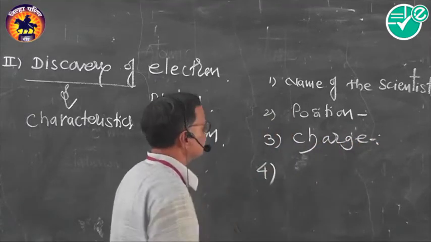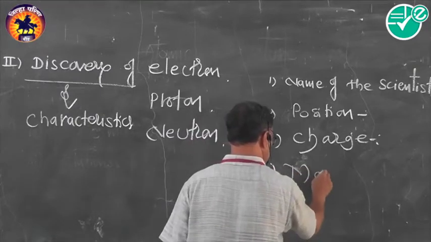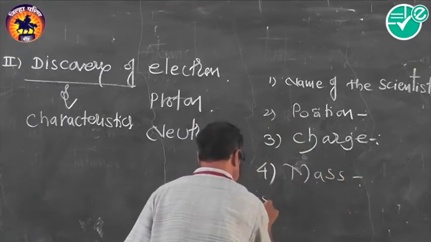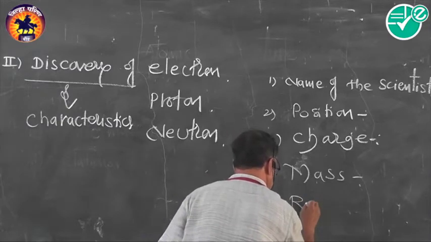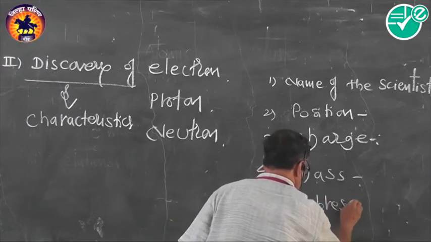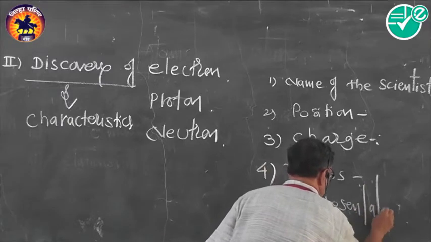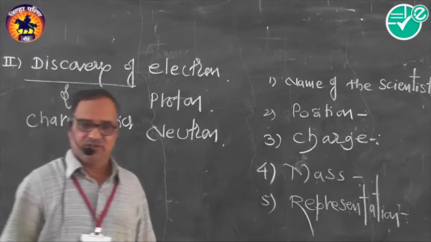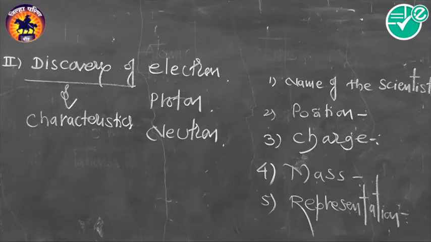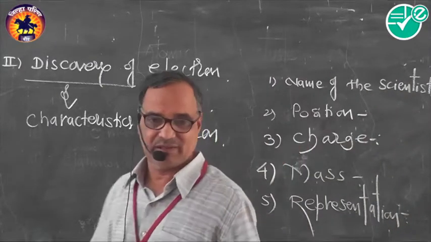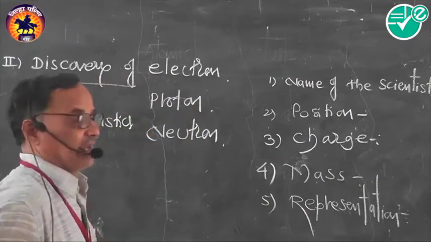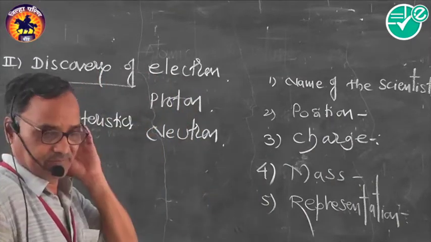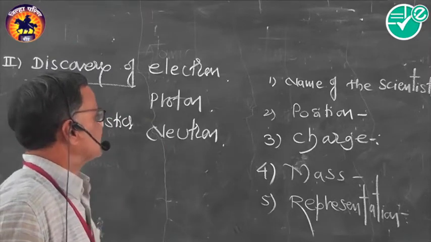Fourth, mass. And fifth, representation. So in order to explain the discovery of all these 3 particles, electron, proton, and neutron, these 5 points are important.